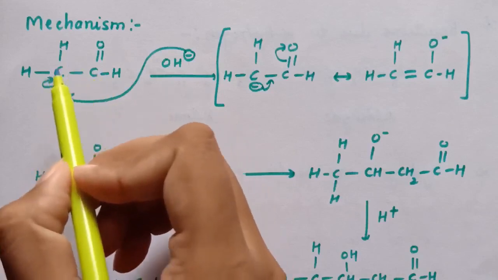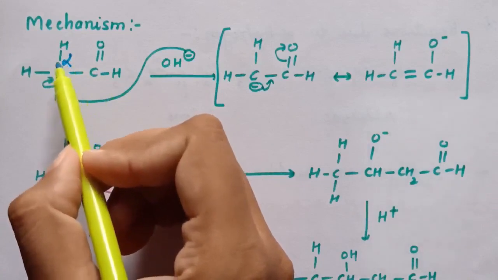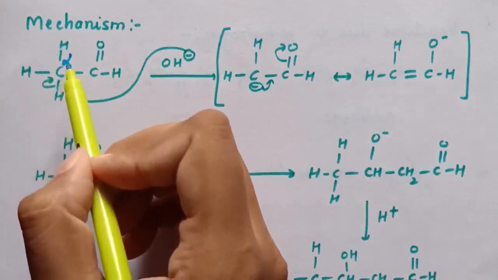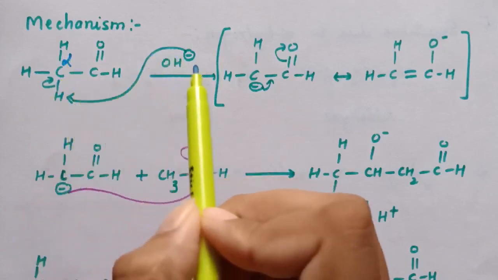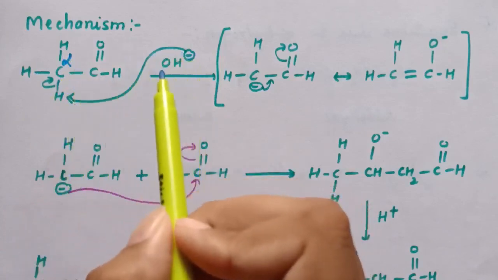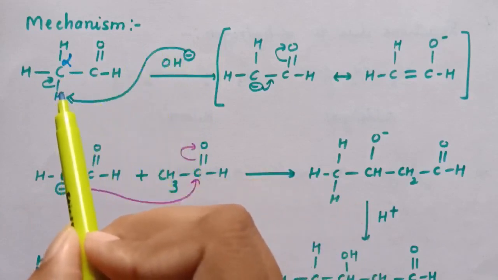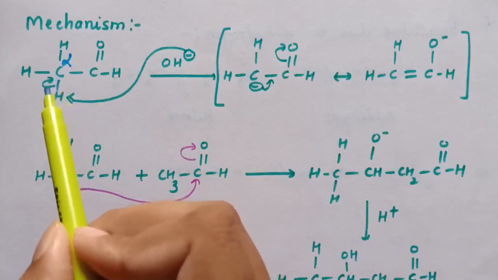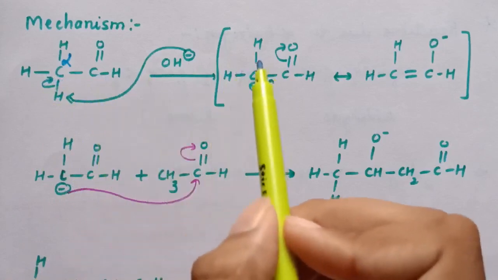So here in this case, this carbon is alpha carbon, and here 3 alpha hydrogens are attached to this alpha carbon. So first step is, in presence of dilute alkali, in presence of base, this base abstracts this alpha hydrogen, and this carbon-hydrogen bond pair electron is shifted on this carbon and results in the formation of enolate ion.